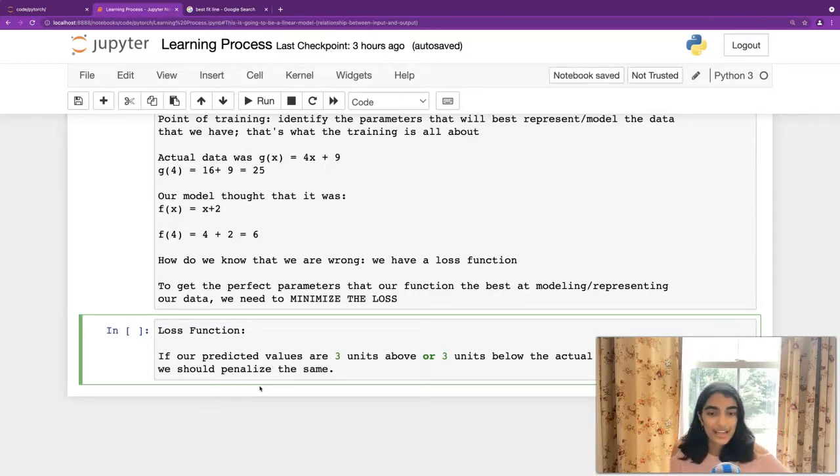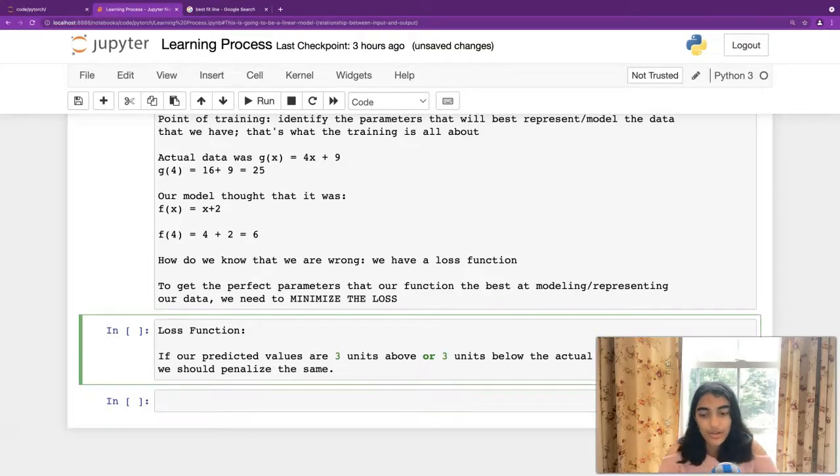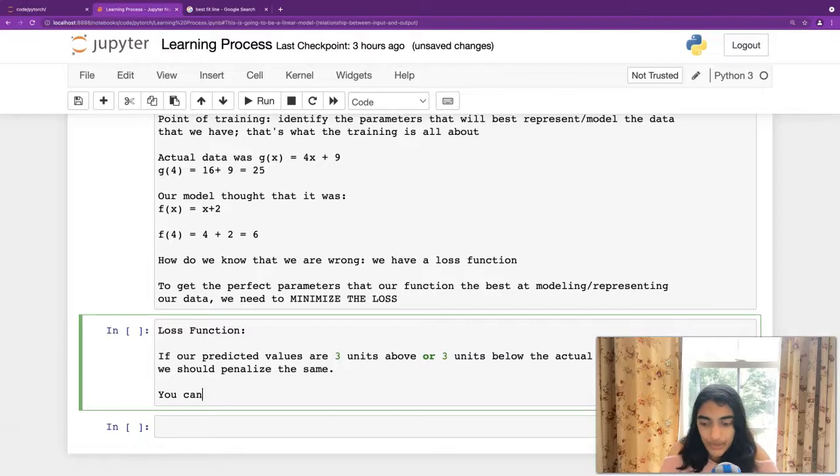If you're way higher than the expected value, or the actual value, there's a formula that you can use to measure how far you're off, and you can define your loss function.